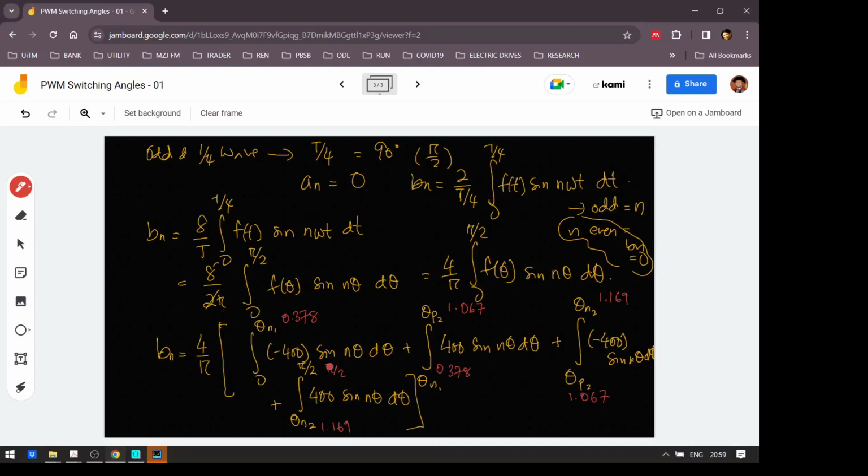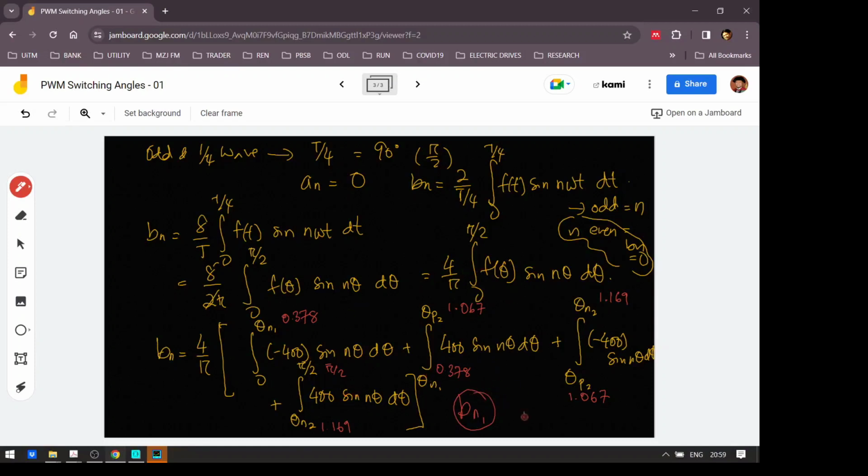So I think I can leave it to you here. You just simply integrate, and then you substitute all the equations here and try to get what is bn1. You replace everything with bn1 because we want to look into the fundamental.